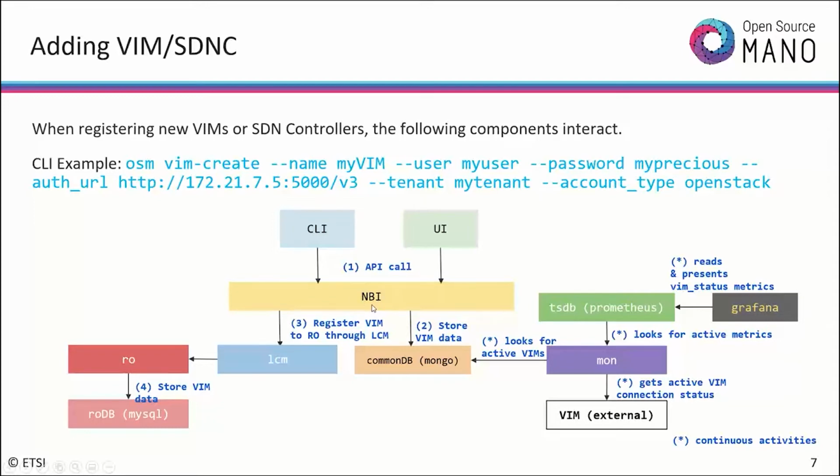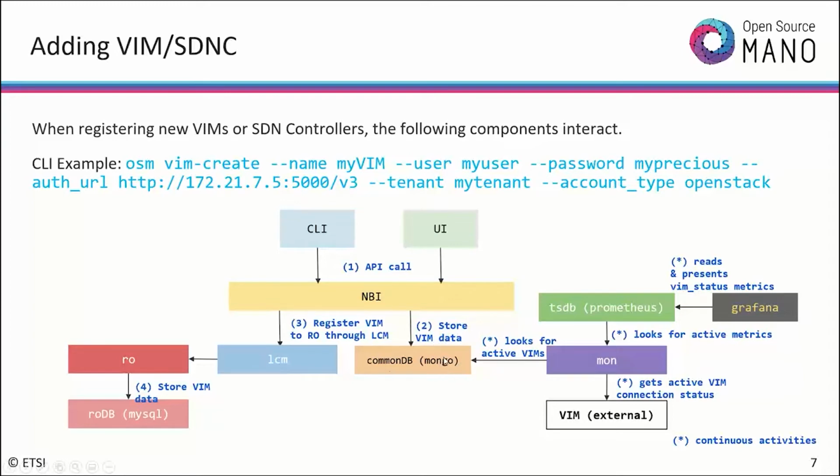There is all the stuff related to permissions that I'm not showing in this picture, but you can understand that all the permissions are checked, with the interaction happening with the auth module. Then, once we have checked that we have the right permissions, we will store the VIM information in the common database.